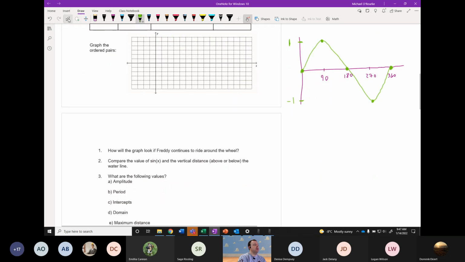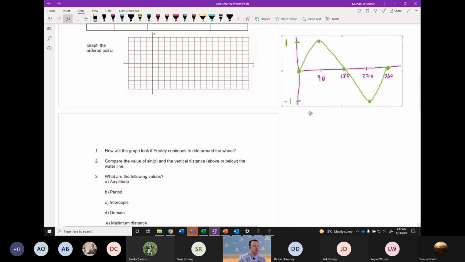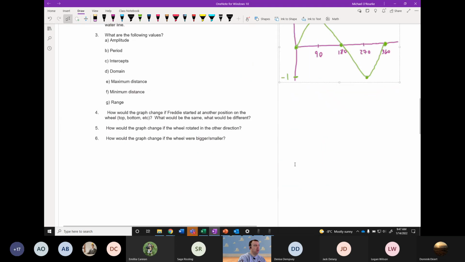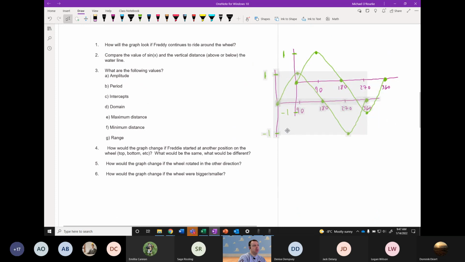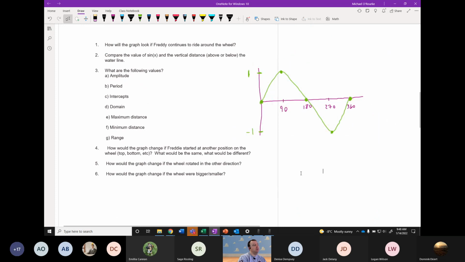I'm going to grab my little sketch and bring it down here. So this is what a sine function looks like. Okay. Sine function looks like you go up, middle, down, middle. A couple of kids in my class last year really liked that.